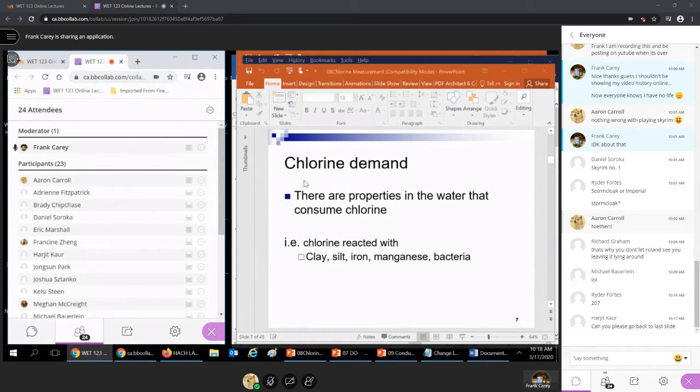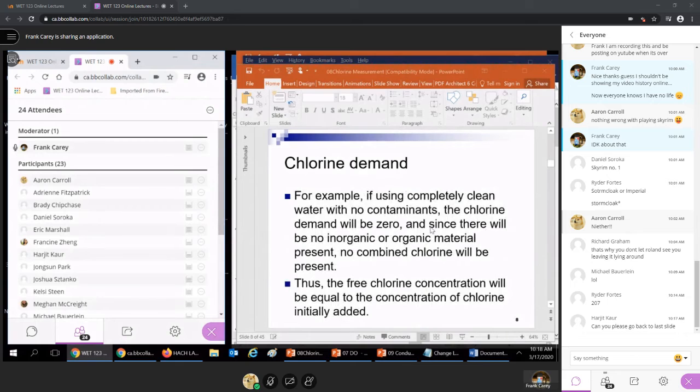So things like clay, silt, iron, bacteria consume chlorine. If you are using completely pure water, then the chlorine will not react with it. You will not smell the chlorine.